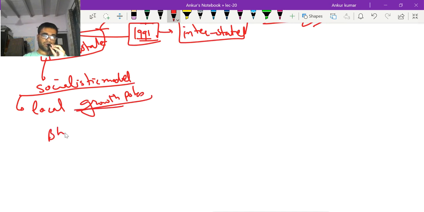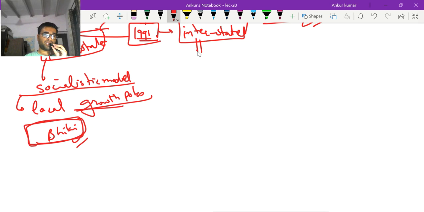For example, Bhilai and many other growth poles were constructed in the eastern states, and because of these growth poles there were avenues of local employment, right? There were opportunities of local employment. So the population usually tended to migrate toward these centers of employment, whether it is Bhilai, Ranchi, Raipur, etc. Okay, so population used to migrate intrastate.